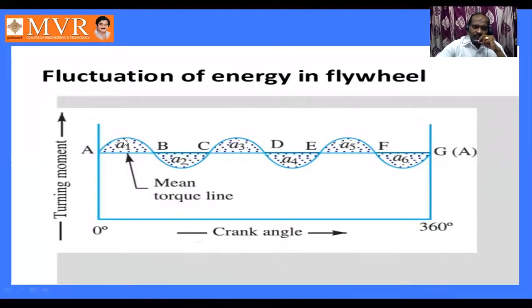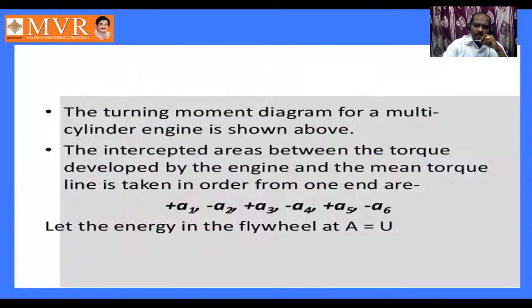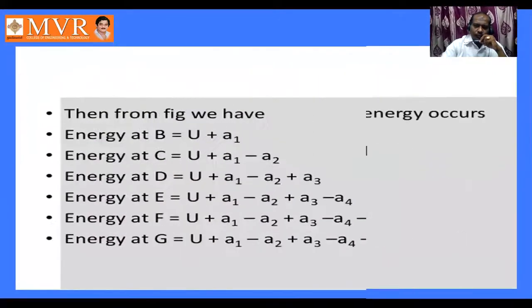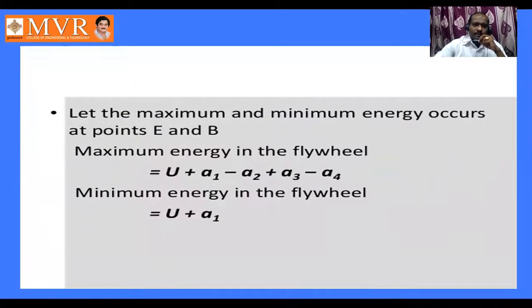It may be here, here, or here. These are the maximum energy points, and these are the minimum energy points. So add the sum of all maximum and the sum of minimum energies, thereby we are able to get the U value. So the maximum energy of the flywheel is U plus A1 minus A2 plus A3 minus A4, and the minimum energy is U plus A1.